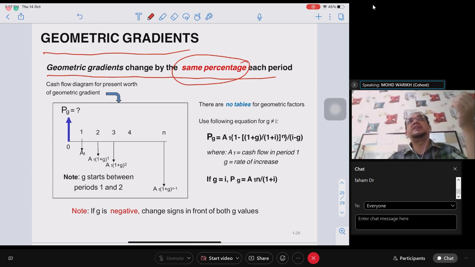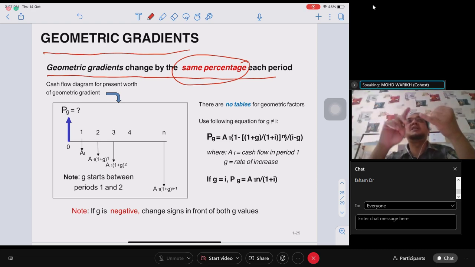For example, just now for year 1 RM30, year 2 RM30, and so on. Same amounts. But in the geometric it is the same percentage. That means year 1 is 7%, year 2 is 7%, year 5 is 10%, it is the same percent.